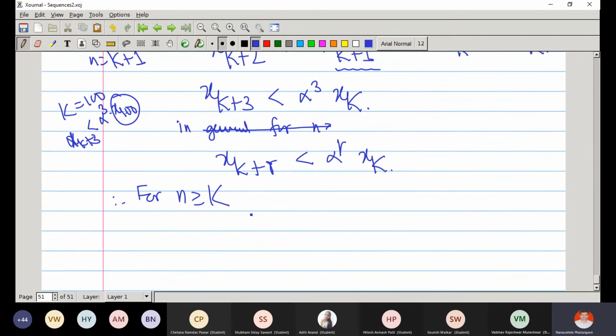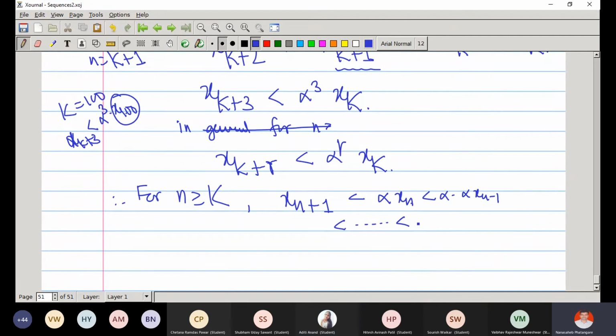Now for general n, what can you say about xn plus 1? It is less than alpha xn, but still further xn is less than alpha times xn minus 1. Now continue this.